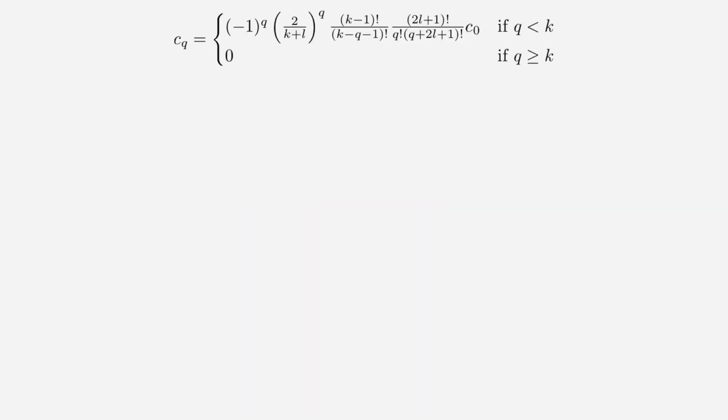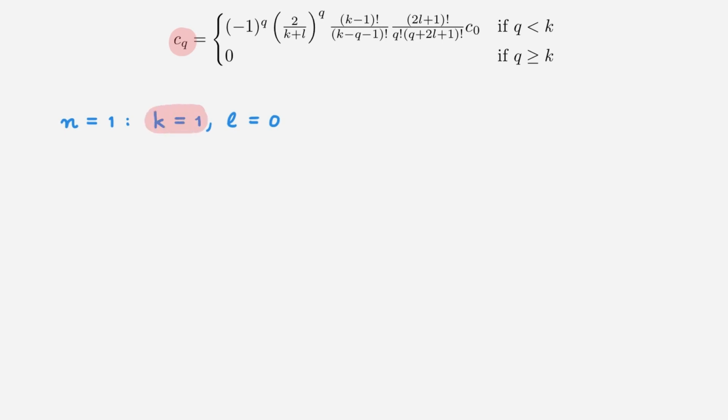Sticking with the ground state, let's now turn to the eigenfunctions. The first thing to remember is that for n equals 1, we've just established that k is 1 and that l is 0. To build the eigenfunctions, we now have to follow the recipe that we discussed earlier, where the first step is to determine the expansion coefficients using the expression up here.